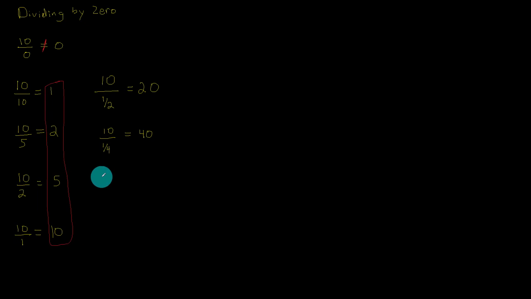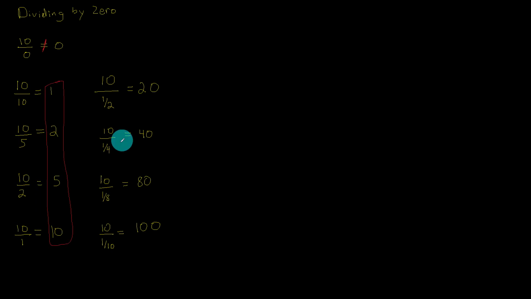And now let's look at 10 divided by 1/8, and this is equal to 80. And let's take 10 and divide it by 1/10. So 10 divided by 1/10 is equal to, well, let's look here, 100. Okay, so now we see that the number is definitely getting smaller in the denominator each time.